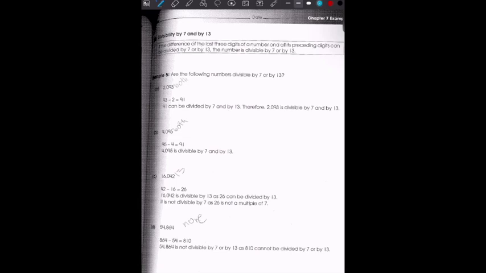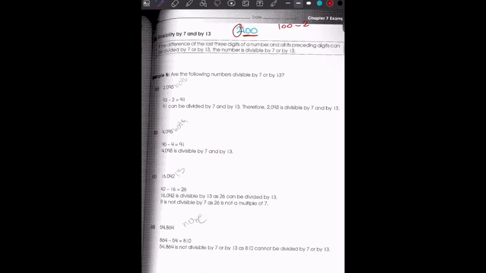But for example, if we have 2,100, then we're going to look at the last three digits, which is 100. And the preceding digit, or the preceding number, is going to be just 2.